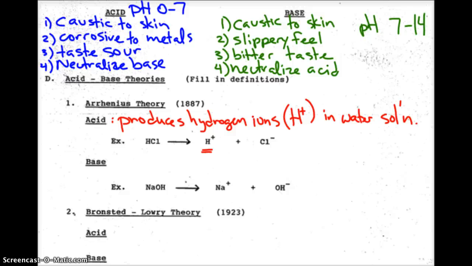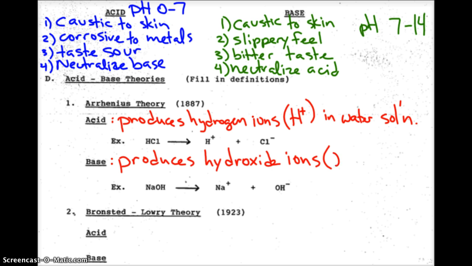And a base was anything that produces hydroxide ions, which are OH-, in a water solution. So that would be something like sodium hydroxide, NaOH. There are a lot of compounds that do produce hydrogen ions, but this definition of a base is actually fairly limited.